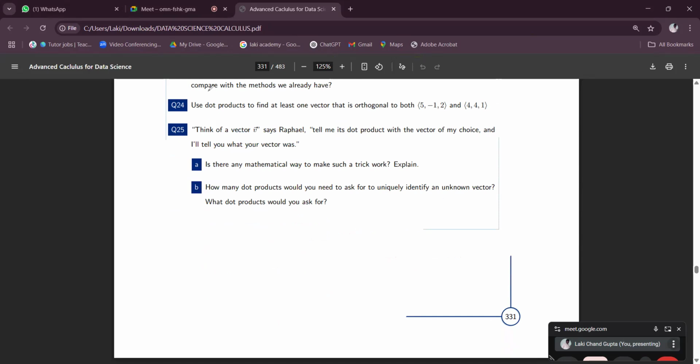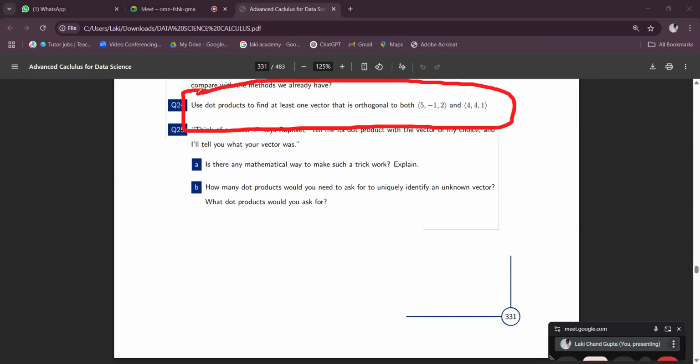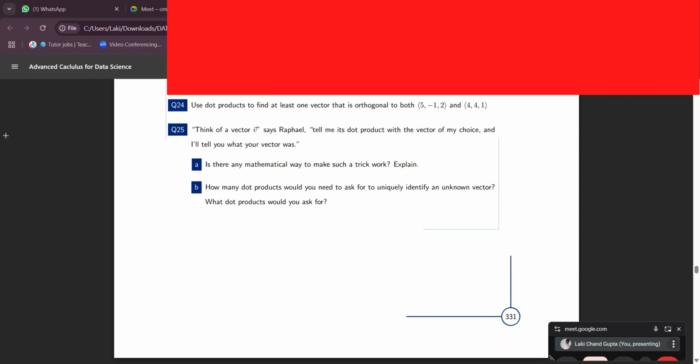See this question. Find a vector such that it is orthogonal to this vector and this vector, both vectors. Use the cross product to find at least one vector that is orthogonal to both.